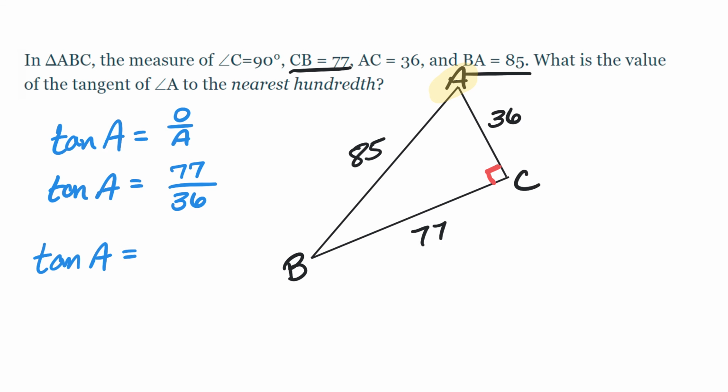So what this ends up being is approximately 2.1389, which is going to, again, make sure you use your approximation sign. This is our way of letting everybody know that, hey, this is not an exact answer, but it's the best I got. 2.14 when we round to the hundredths place.